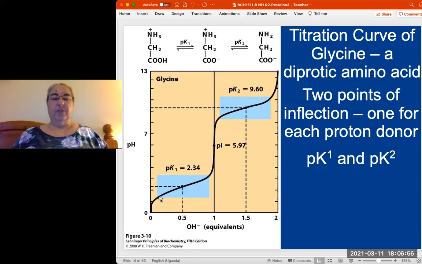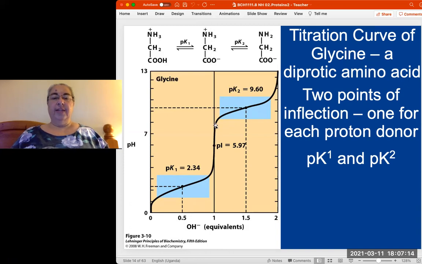Remember that this is measuring the average behavior of a lot of different molecules. So at the midpoint, at the neutral pH, we have this form with a 0 charge.